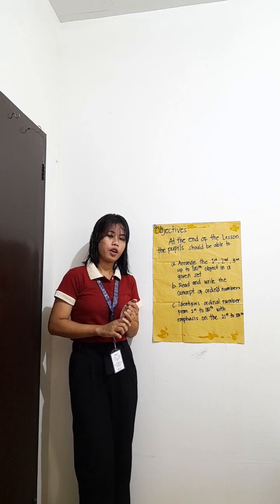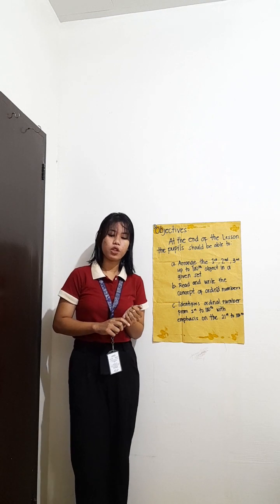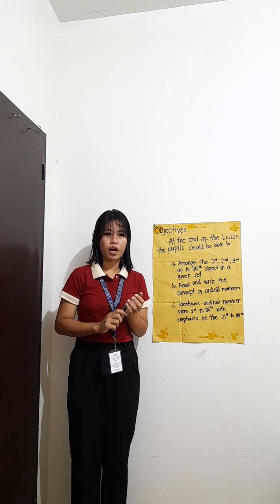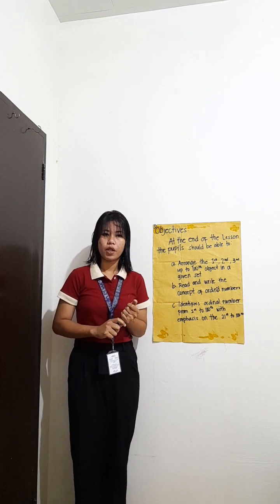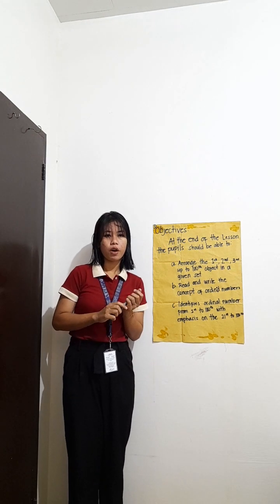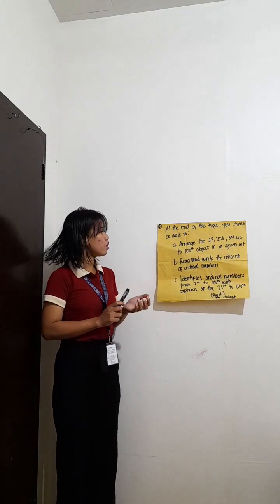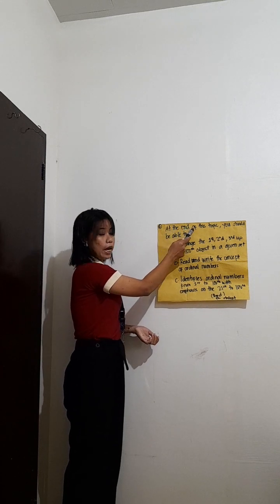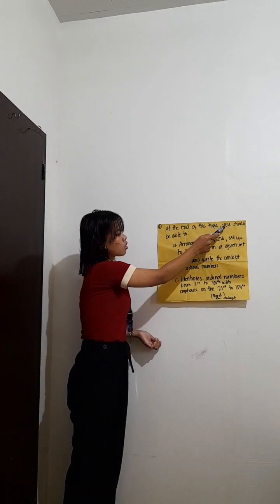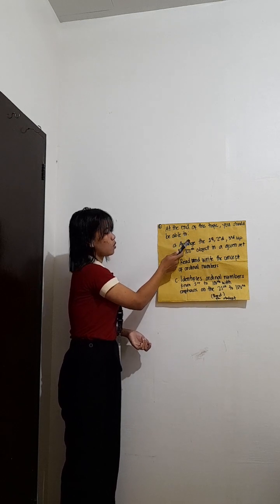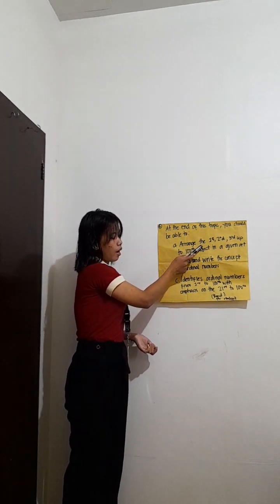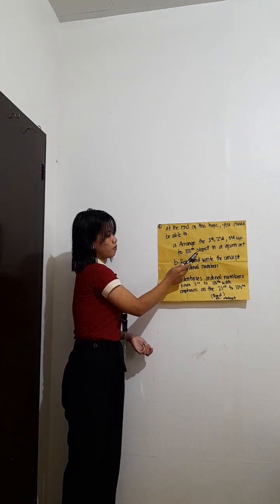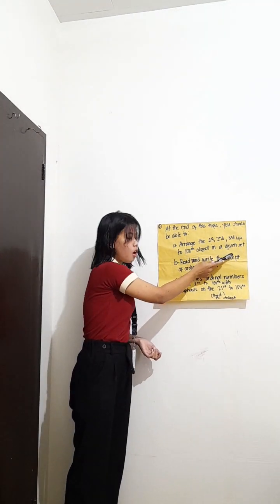But before we begin our discussion, let me first give you the objectives of our lesson so that you can use them as a guide as we go on with this topic. Okay, class, read the objectives of our lesson today. At the end, arrange the objects in a given set.